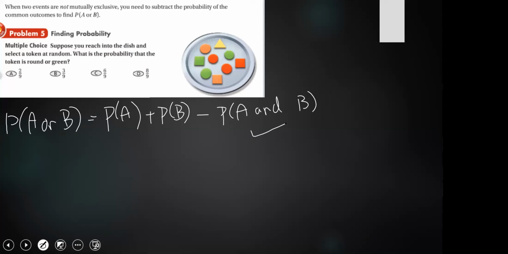There's a number here. These two events can happen at the same time, not like the previous examples where the two events cannot happen at the same time. Here it can happen. Let's have this example here.